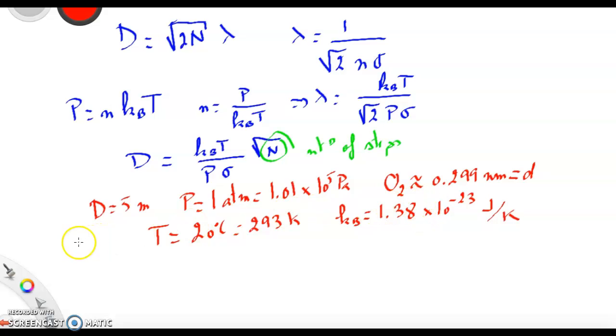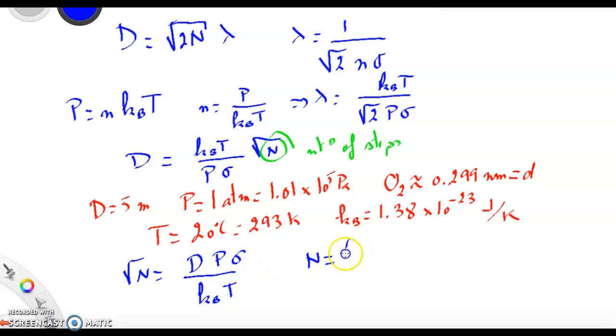Now if I express all these things, I'm going to end up with the square root of N being equal to d times pressure times sigma divided by k_B times T. And if I square that, I get N equals the square of all this.